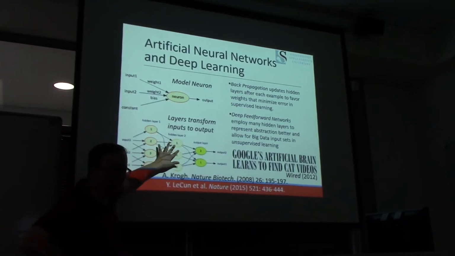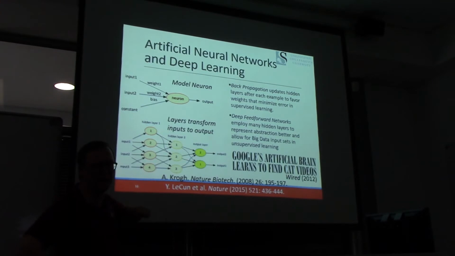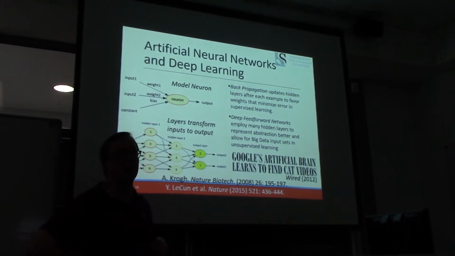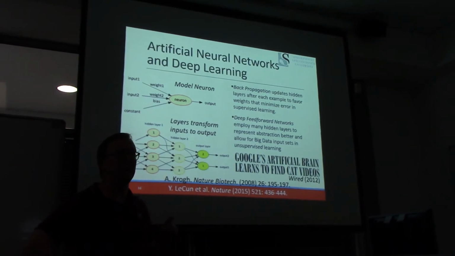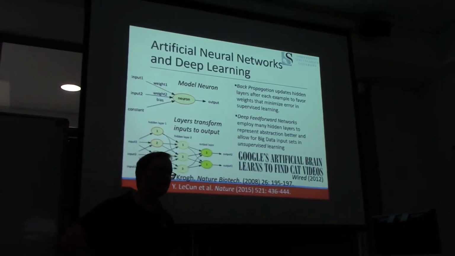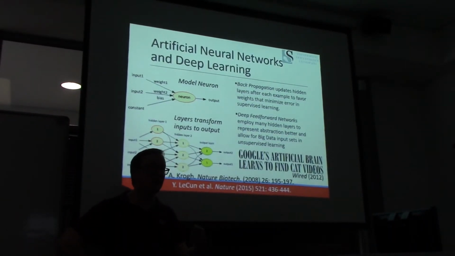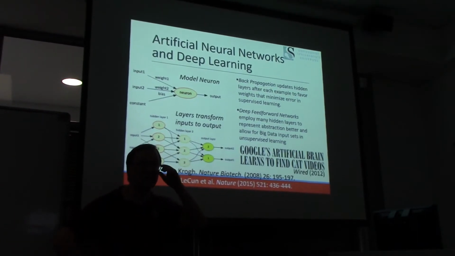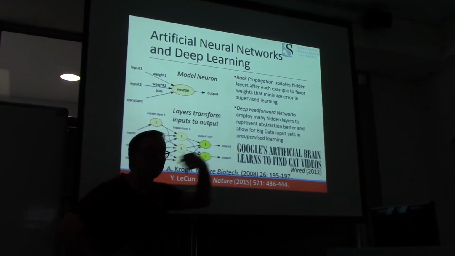So how could something like this learn anything? And for that, I would talk about the concept of back propagation. Back propagation is one of the ways that we train artificial neural networks, like this structure right here, to make a right decision. So we can give it an example.